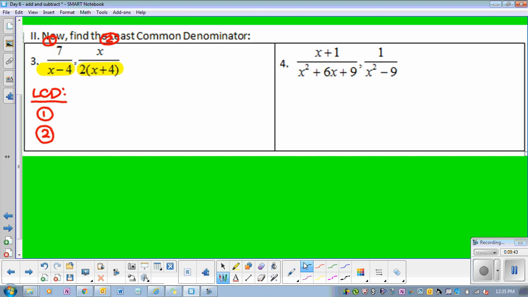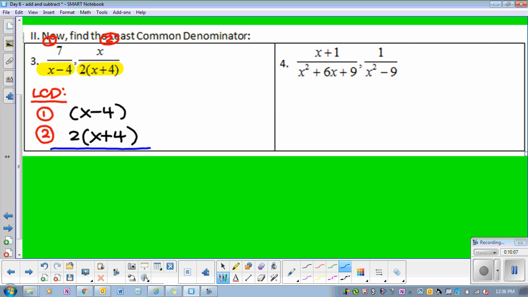In my denominator, I have x minus 4. Now, my fraction 2, I have 2 times x plus 4.